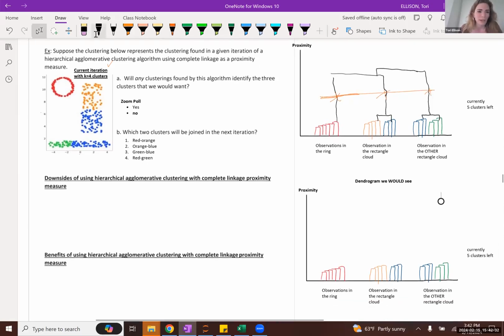However, based on what we see in the current iteration with k equals 4 clusters, this is actually what ended up happening. In going from the clustering with 5 to 4 clusters, these blue points unfortunately merged. We call this a bad merge, in which a set of observations that we wanted to remain apart for a little longer merged sooner than we would have liked.